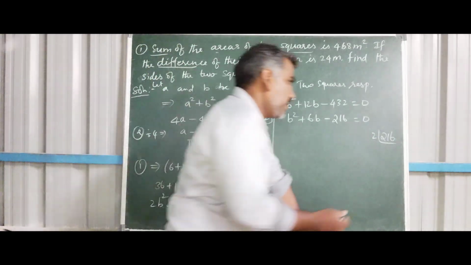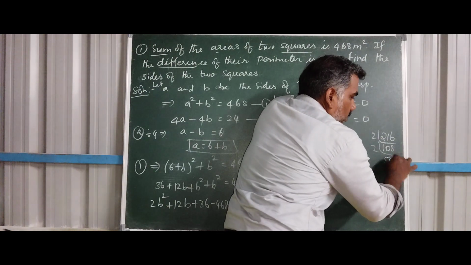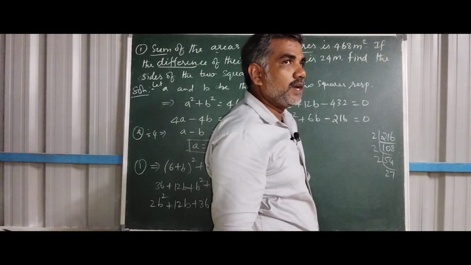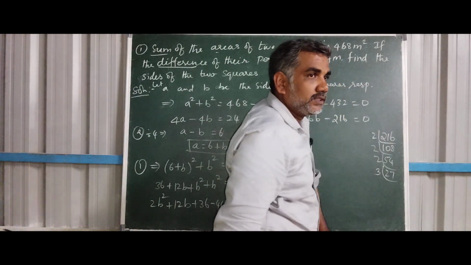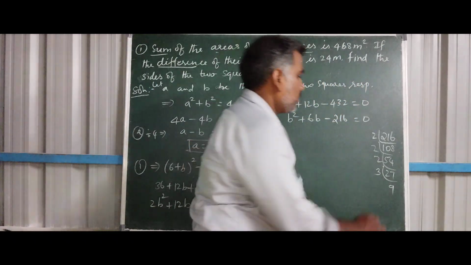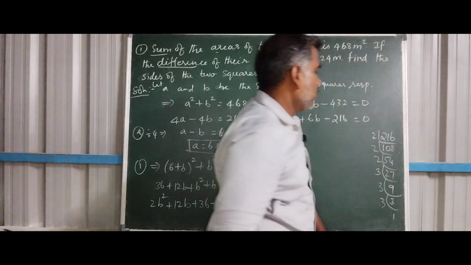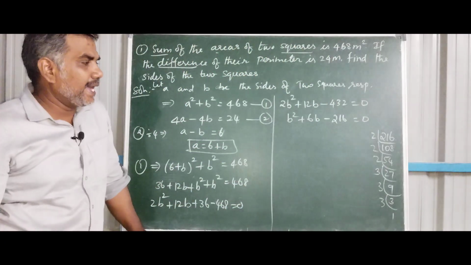Here it is 108, 54, and 27 and 3. 3 and 3 is 9. So now you have an idea, so you can mix it up and then you can find the answer.